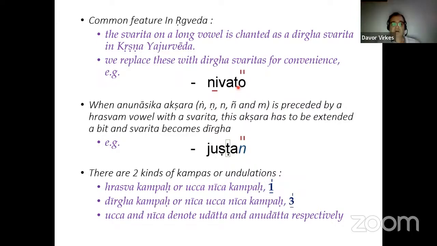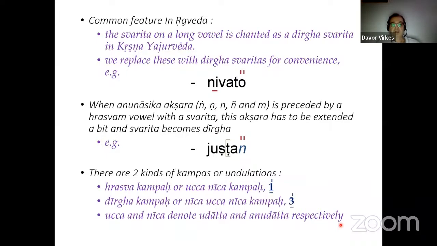Davor. Yeah, Rig Veda is written without Dirgha Svaritas. But the Rig Veda follows strict rules, so it was not important to notify Dirgha Svaritas. For convenience, we put Dirgha Svaritas where they should be.